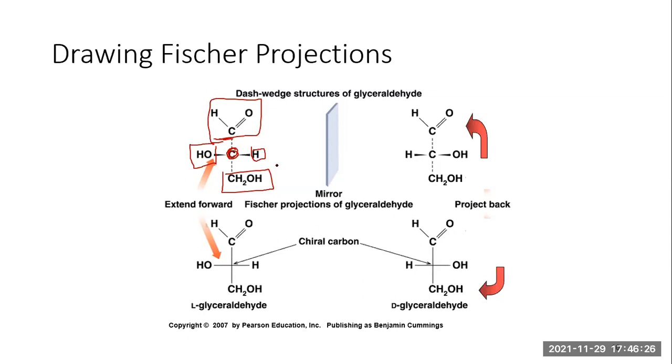And a lot of times with carbohydrates, we simply don't write the carbons out. We use almost a line structure, like we did in organic chemistry. So you'll see something like this, and there'll be a bunch of OHs and H's.